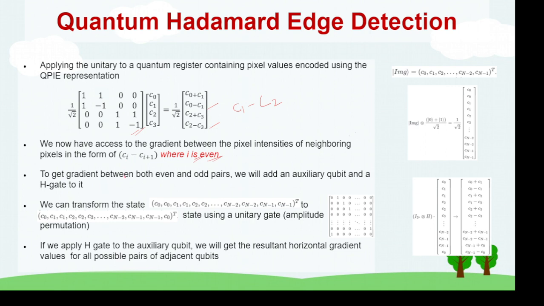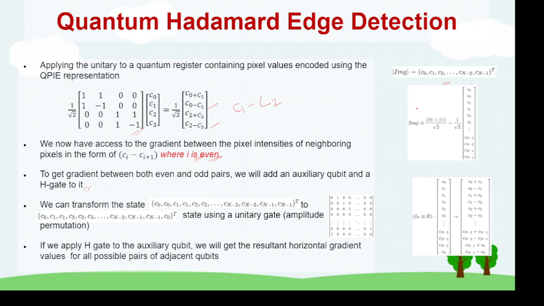So to get the gradient between both even and odd pairs, we will add an auxiliary qubit and an H gate to it. Let's say initially we have some n qubits, and their probability amplitudes are given like this, correct?